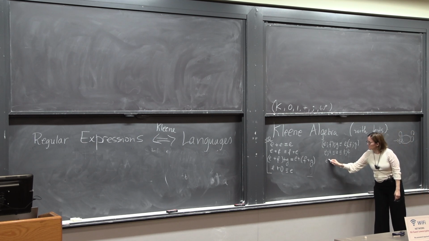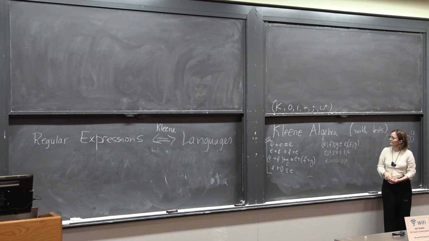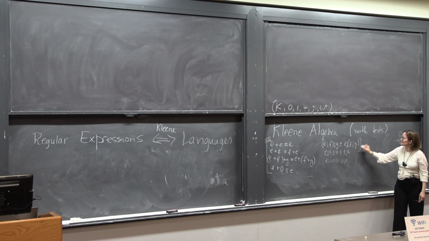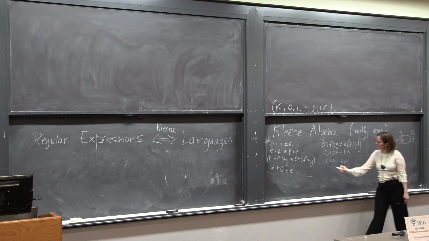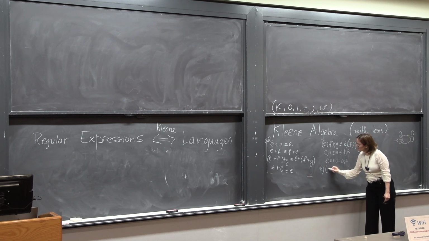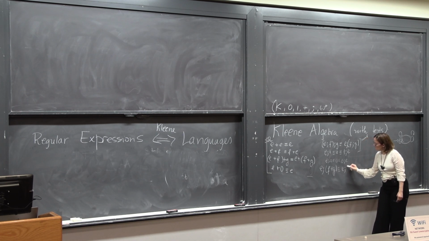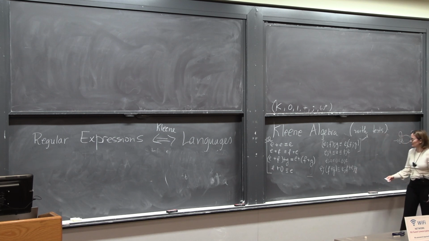And the 0 is an absorbent element. Okay? And these first two equations are what is typically called a monoid. So this here is a monoid. Okay, the times distributes over the plus, both on the right and on the left.